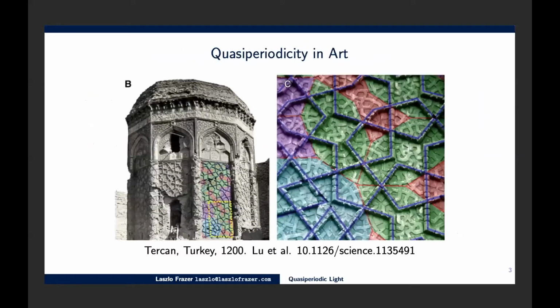So quasi-periodicity is something that has been found in the claddings of interesting pieces of architecture since ancient times. It was popularized as a concept by Roger Penrose in the form of Penrose tiling. And sometime after that, Daniel Shechtman discovered quasi-periodic crystals using diffraction.